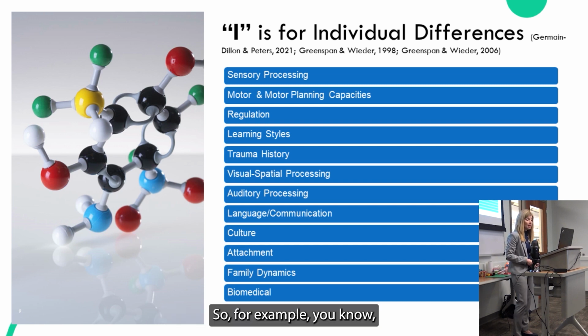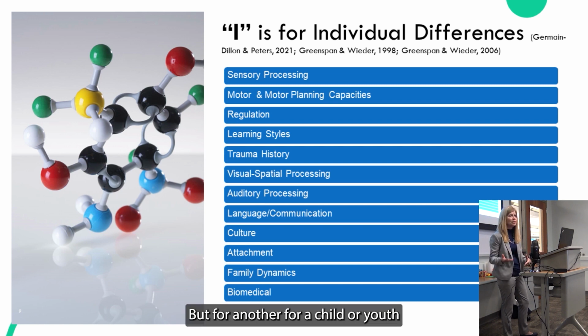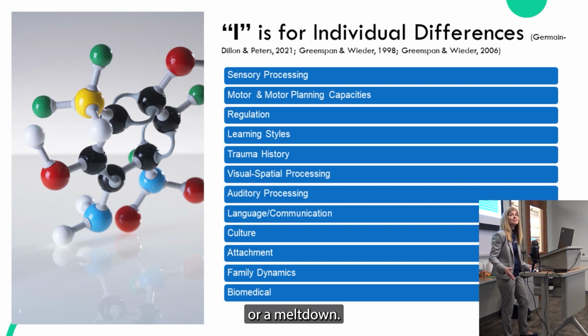So for example, I might be sensitive to busy environments. Busy environments might be like going to a very busy mall at Christmas time or a holiday time. And that might be a little overstimulating for me. But I get through it, I manage. But for another child or youth or teen who's more sensitive, it might lead to a dysregulation or a meltdown.